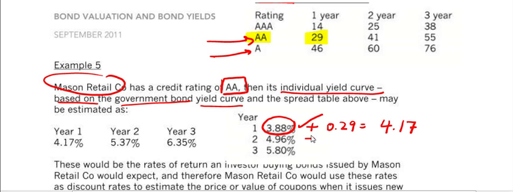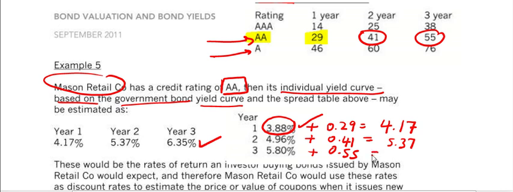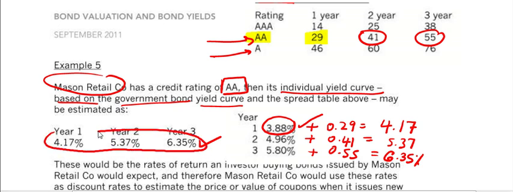Year 2 it will be 0.41 added, and in total you're going to have 5.37, and the third one is going to be 5.8 plus 5.5, giving you an answer of 6.35%. So basically all these figures are after the adjustment of spread.